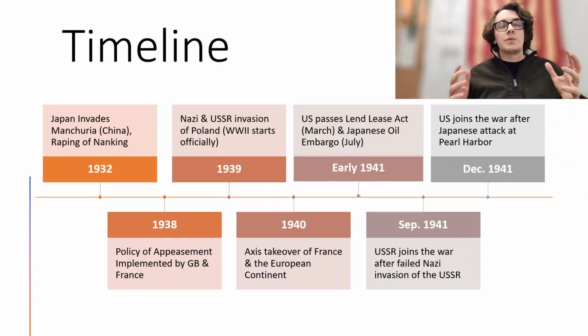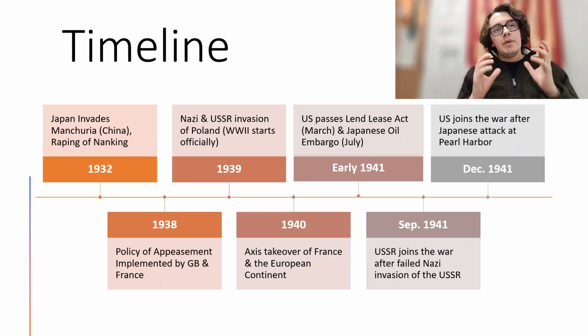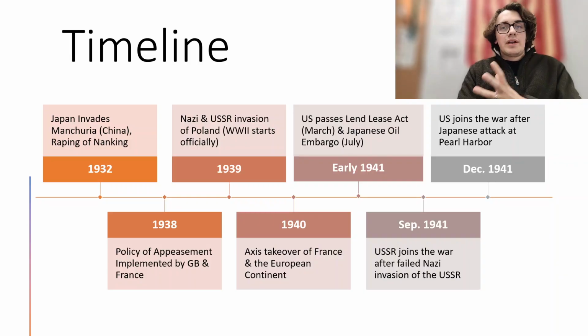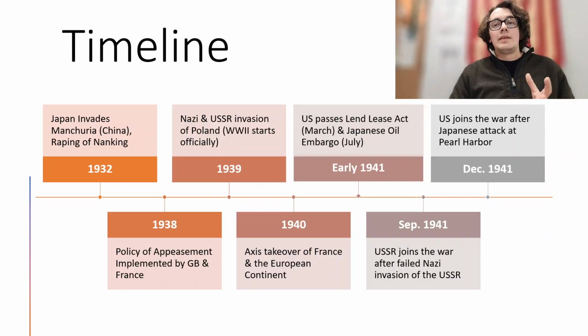To very briefly recap this lecture, all of this starts off with Japan invading Manchuria in 1932, the Rape of Nanking. 1938, Germany invades Czechoslovakia. 1939, Nazi Germany and the USSR invade Poland. World War II is in full force at this point. 1940, France is blitzkrieged by Germany and is taken over, leaving Great Britain as the only real fighter against Hitler.